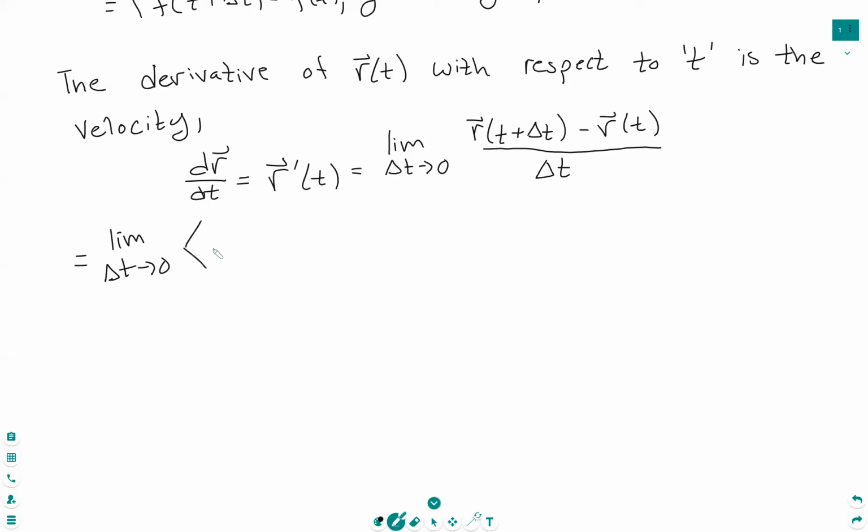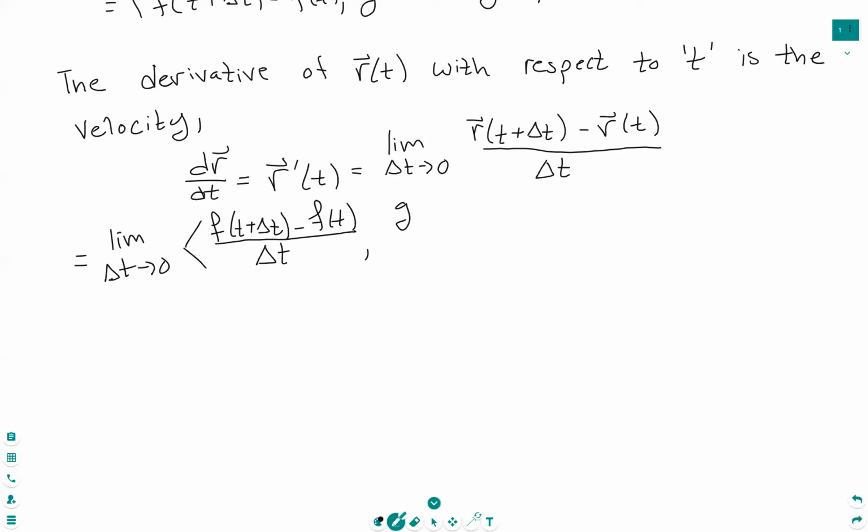I'll write it in terms of its components. f of t plus delta t minus f of t, and I'll bring this 1 over delta t into each one of these components.